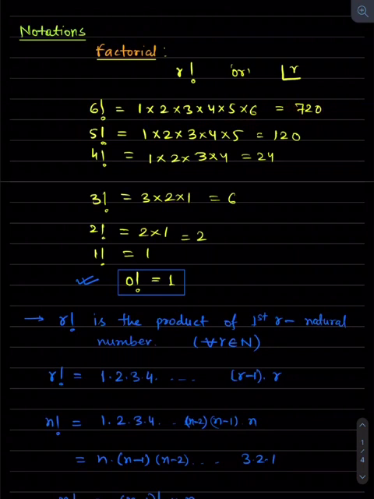So 6 factorial is divisible by 9. So if 6 factorial is divisible by 9, 7 factorial is also, 8 factorial is also. All after 6 factorial are divisible by 9 because they must contain two 3s. Fine, so we don't need to consider after 6 factorial, we'll consider up to 5 only.